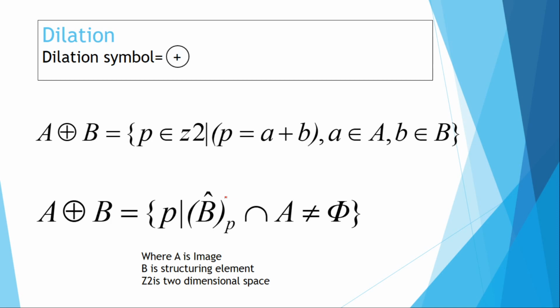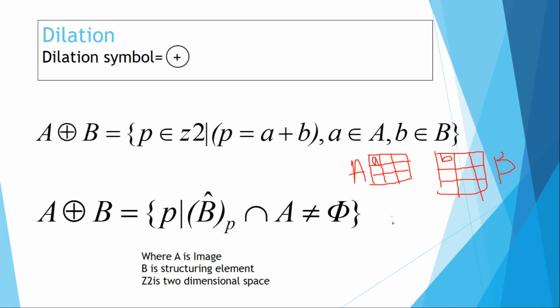Small a is a pixel value belonging to image A, and small b is a pixel value belonging to capital B. Consider we have two images, this is image A and another image is B. I assume a pixel of A in this position and a pixel of B in this position.